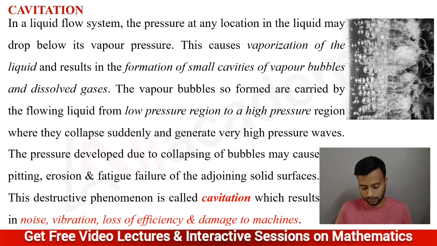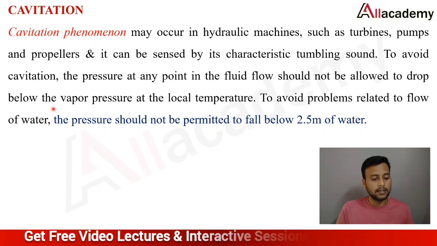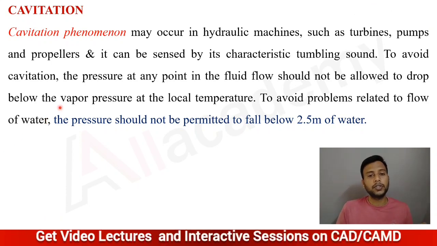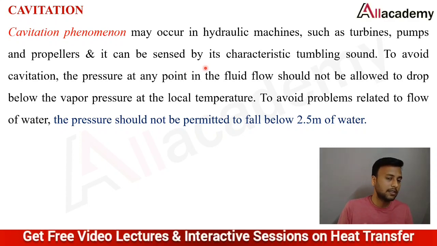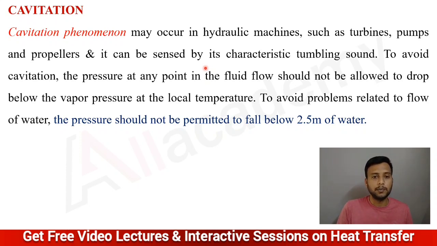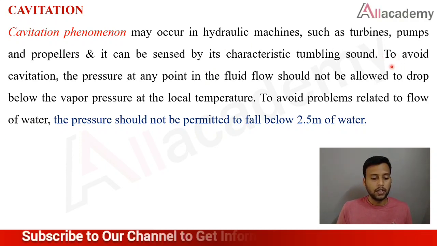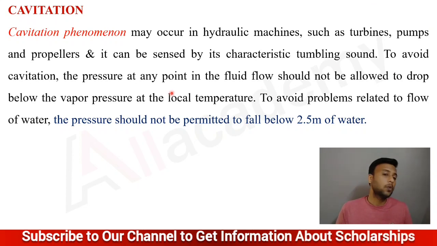Now let us know in which areas cavitation is observed: especially in hydraulic machines such as turbines, pumps and propellers. It can be sensed by a characteristic tumbling sound. When cavitation starts in the machines, the tumbling sound is observed. Now, how to avoid this cavitation is also very important.